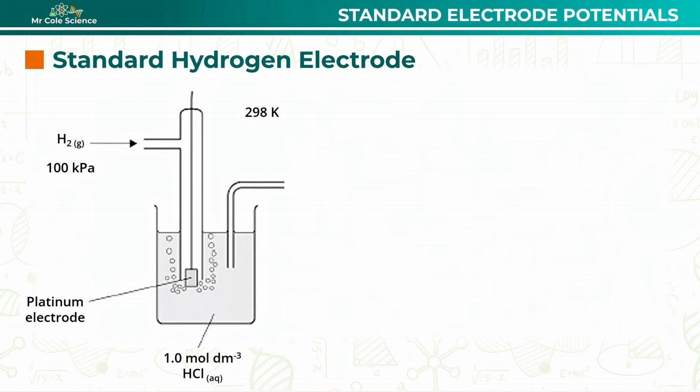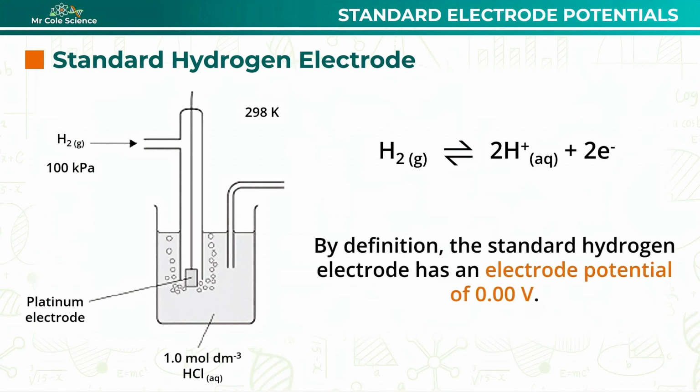As with metals in solutions of their ions, this is going to establish an equilibrium between the hydrogen gas being oxidized and the H+ ions being reduced. We use the standard hydrogen electrode as a standard reference point, and by definition, its electrode potential is 0.00 volts as long as it is under standard conditions.